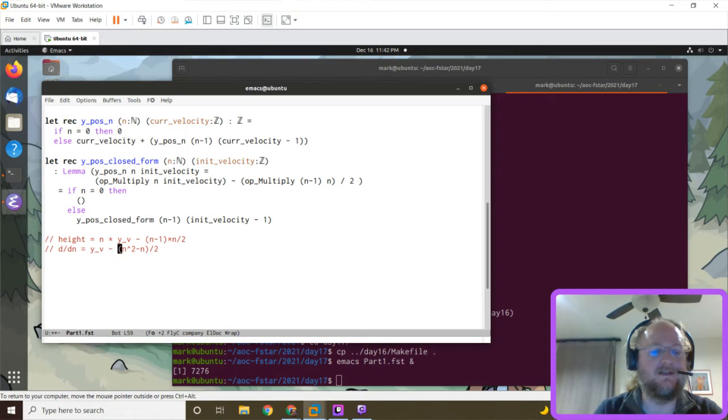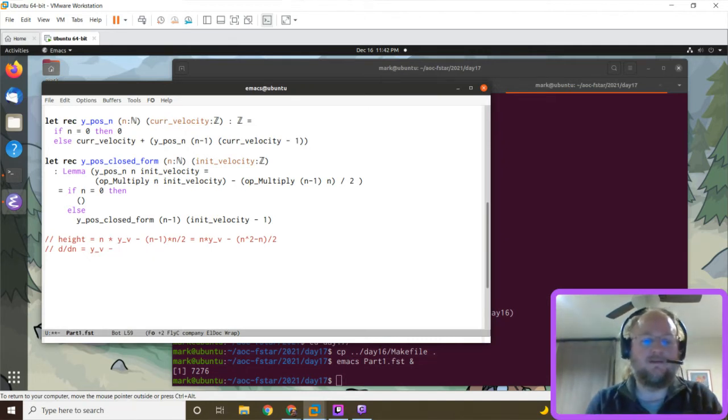So the derivative is 2n plus 1/2. So that when yv minus 2n plus 1/2 equals 0.